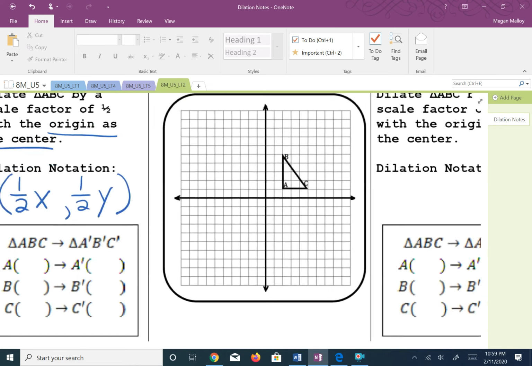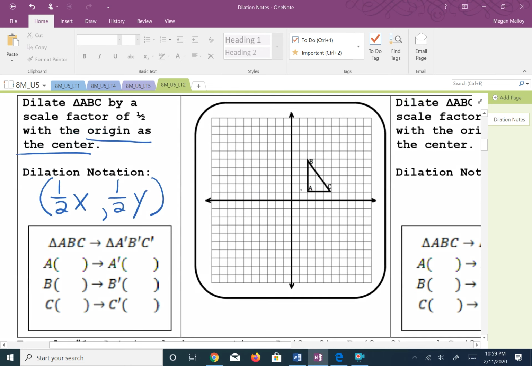So if I look at my pre-image triangle ABC, I see that my pre-image A point is at 2, 1. My pre-image B is at 2, 5. And my pre-image C is at 5, 1.